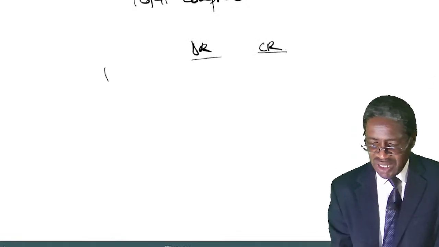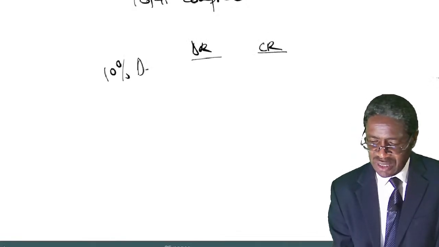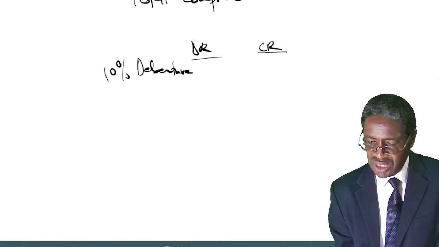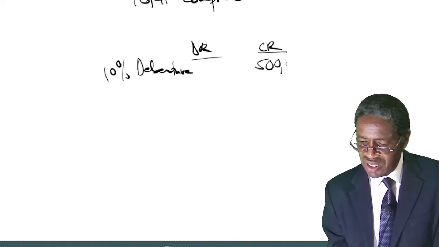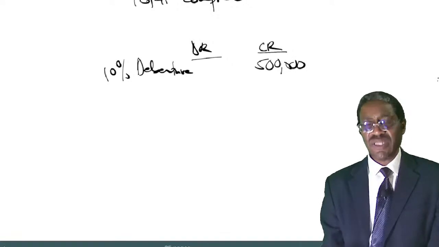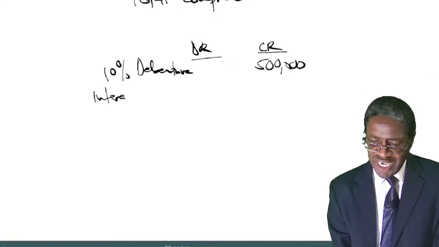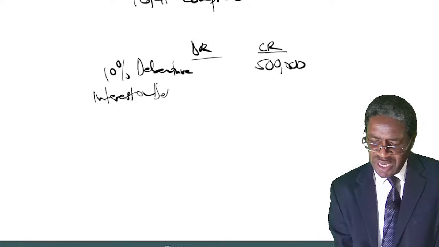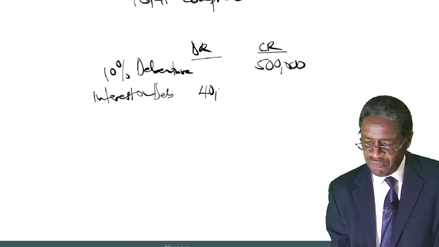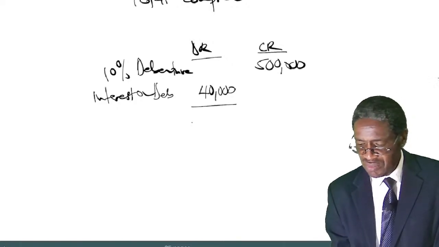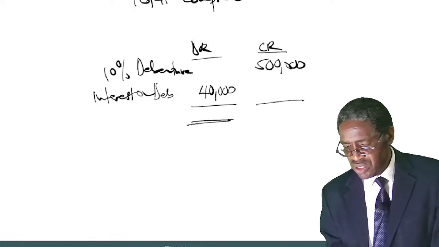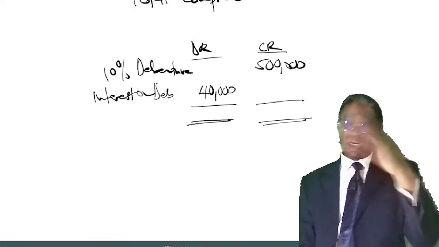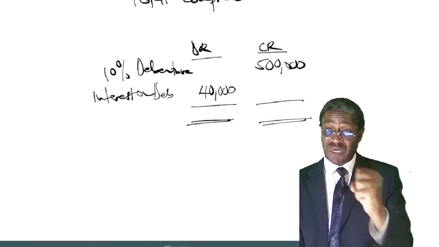In that trial balance, you are given 10% debentures, let me assume 500,000. In that same trial balance, you are given interest on debentures, an amount of 40,000. I'm only showing the relevant part.